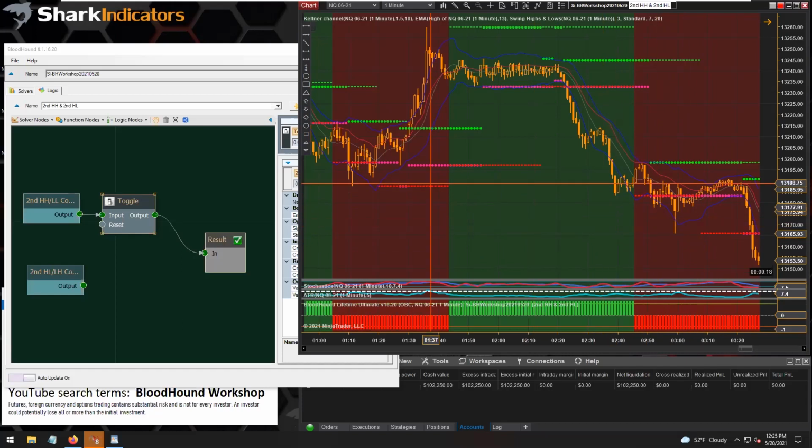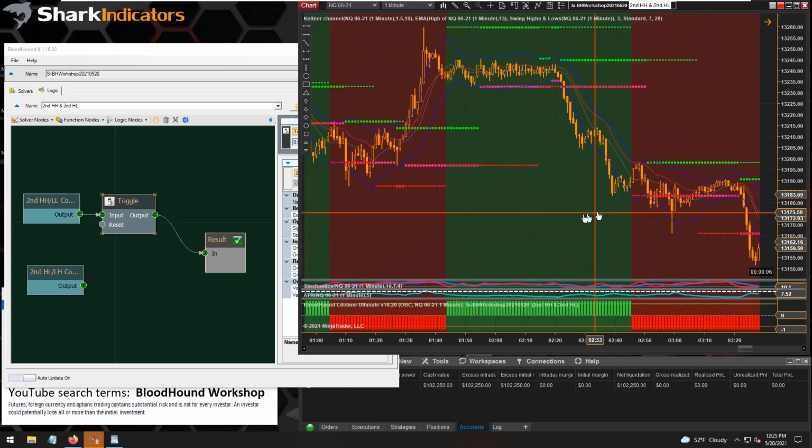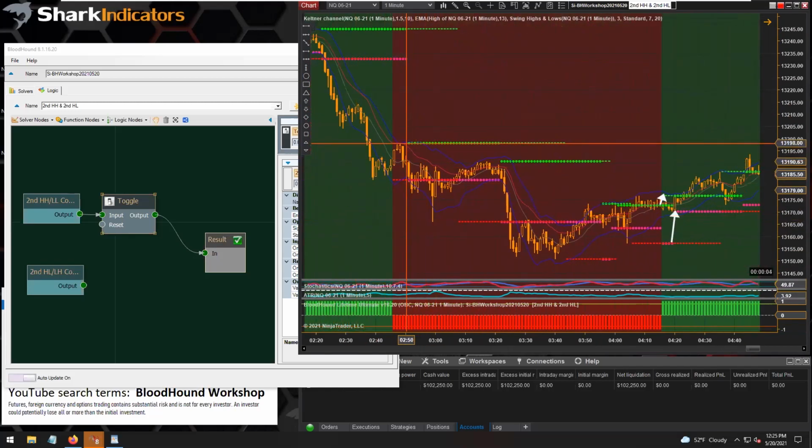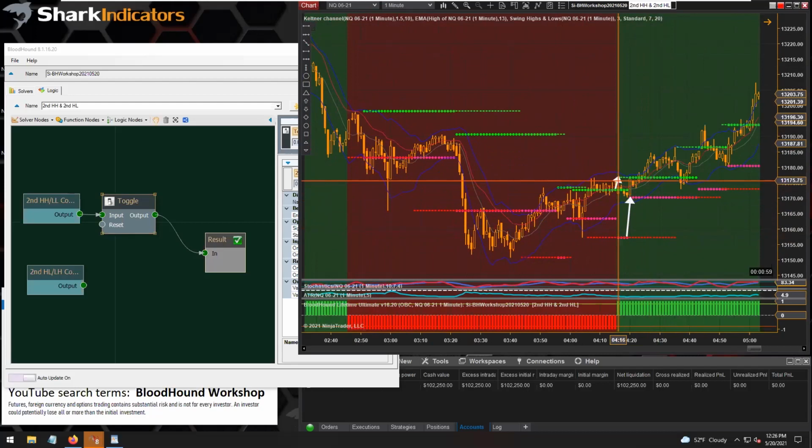And then back here, we had this swing high stepping up. So here we go, we have some swing lows stepping down, and then right where my arrow's at, that's when the swing high starts stepping up.